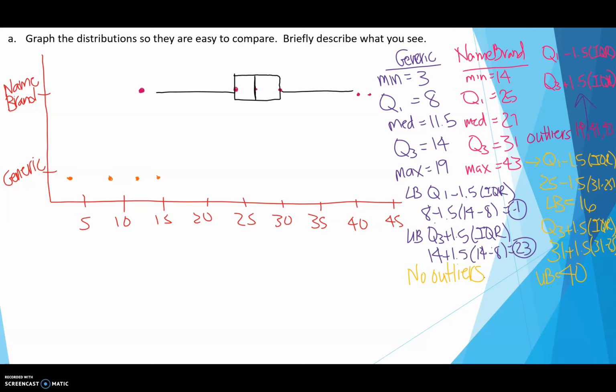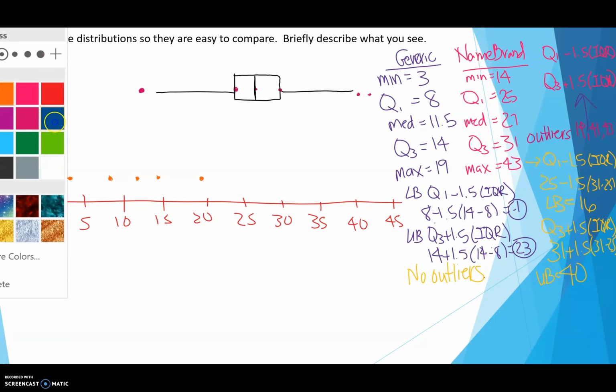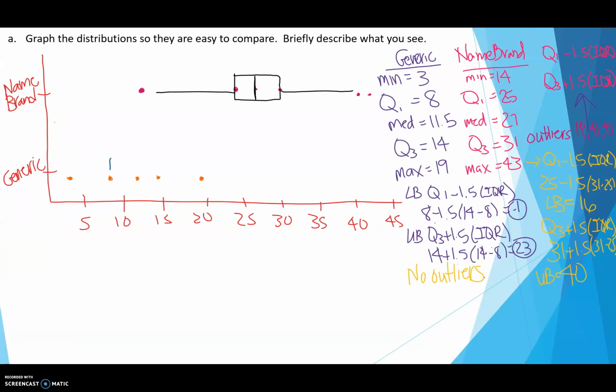Q3 right in front of 15. And then my max right in front of 20 at 19. Okay, so I'm going to make my box. Okay, and draw the line at the median, and then connect the dots. All right, so there's that.